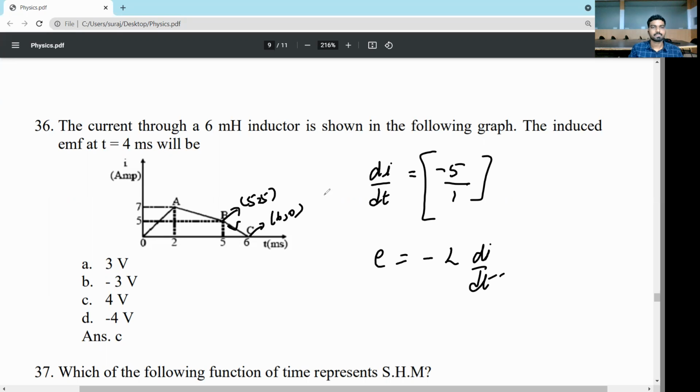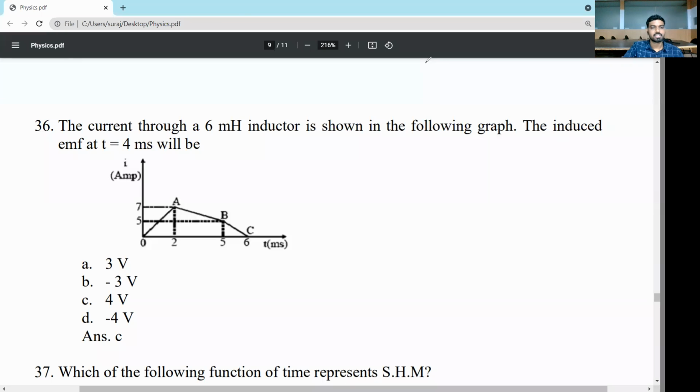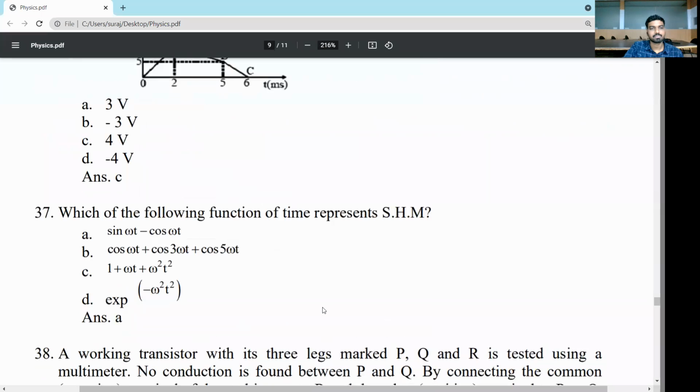Fine. Next, coming to question 37. Which of the following functions of time represents SHM? Now, what is the concept here? SHM means acceleration A should be equal to minus omega square x.